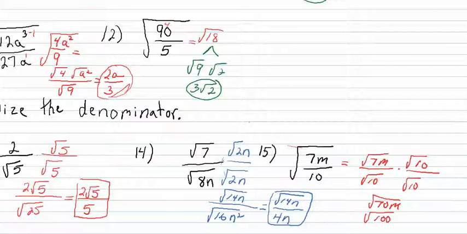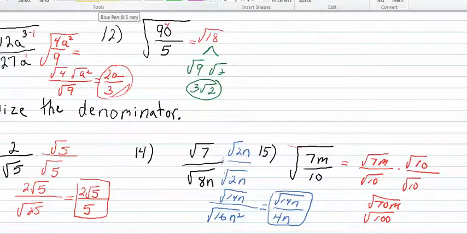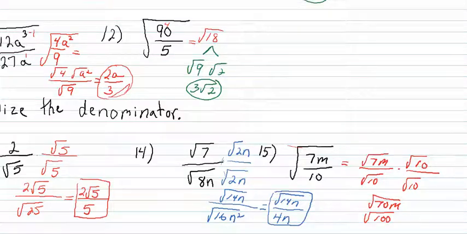Okay, then I look at the bottom. I've got the square root of 100, which is 10. And then I look at radical 70 and see if there can be a perfect square taken out of that. And there can't, so I'm just going to keep the square root of 70, and I keep the m.